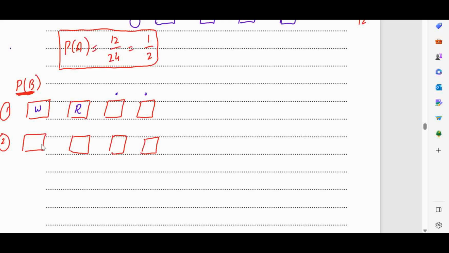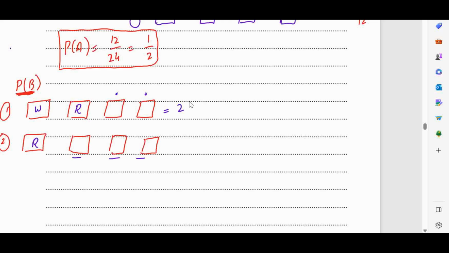So let's see the other condition. It is possible that red marble can be over here and white marble can be at any of these places. Here these two are fixed. In the first case, white and red are fixed, so remaining places are 2.